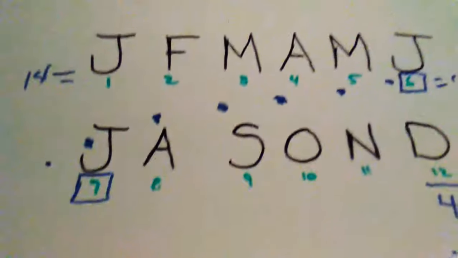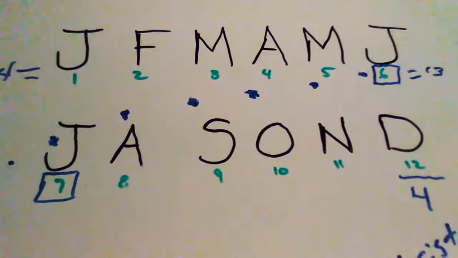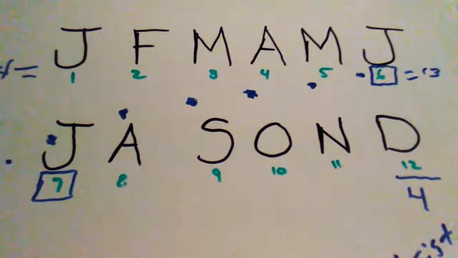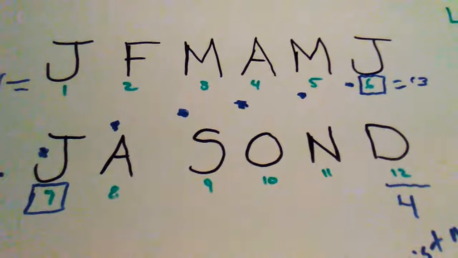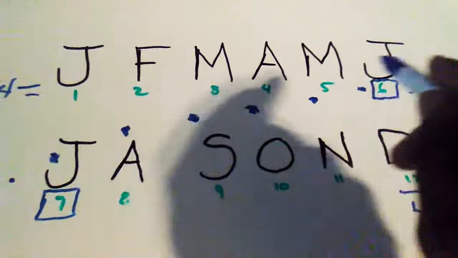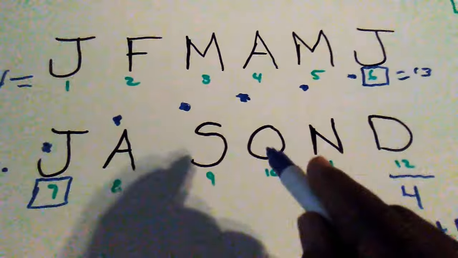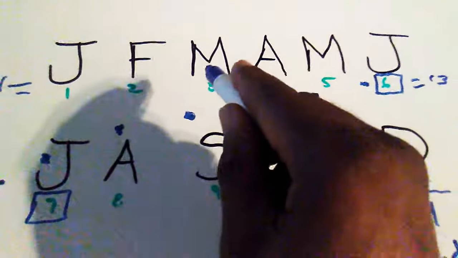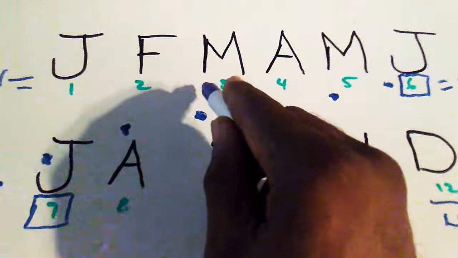Let's look at the months. January, February, March, April, May, June, July, August, September, October, November, December. Here go your mass right here.